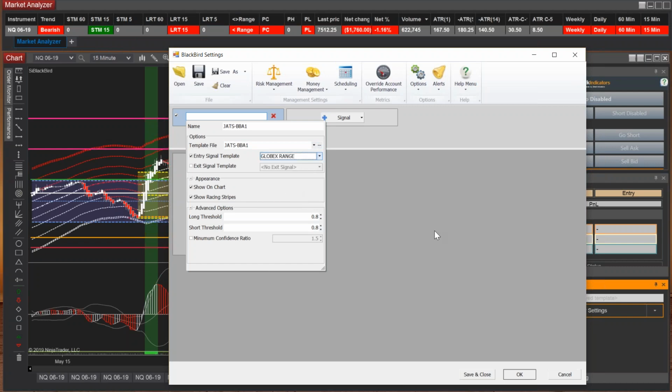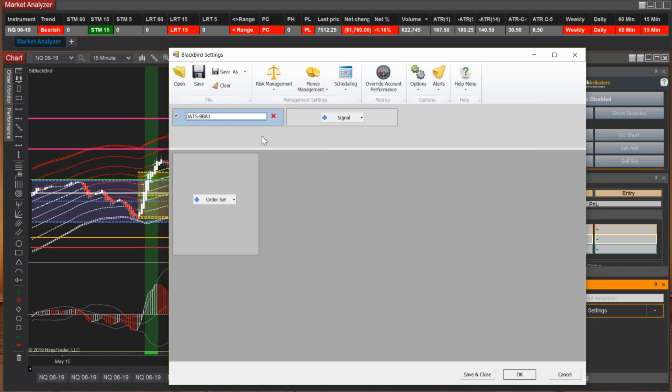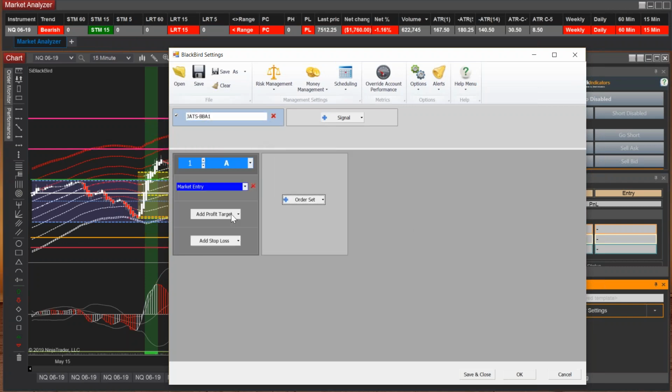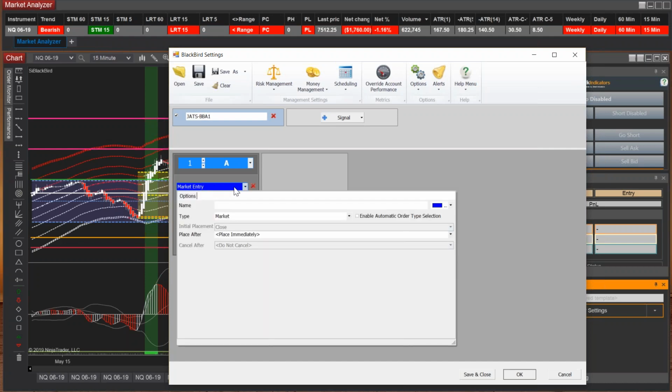So say I want to trade the Globex range, right? And I need a market order or a limit order. When you click on market order, that blue box, it will give you a second dialog box, and there's something that says place after.